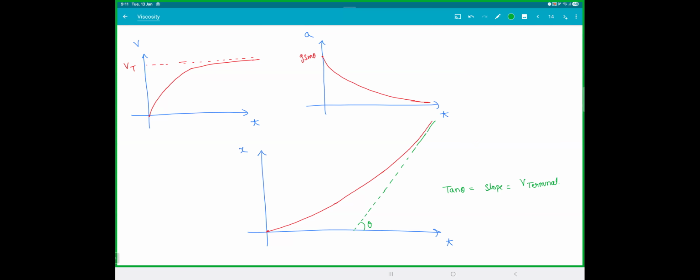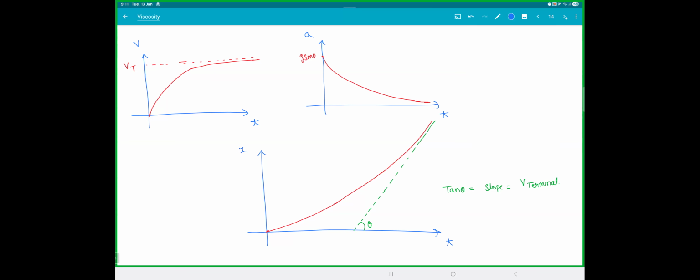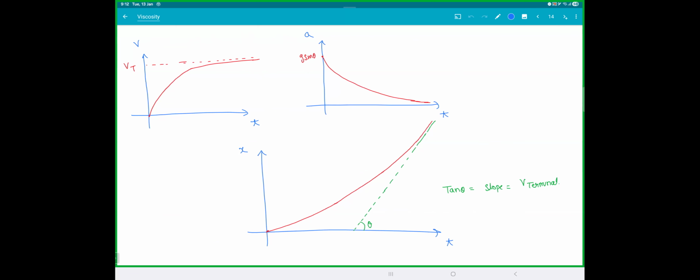Are the graphs clear, everyone? These are some pretty nice graphs, and we will see the exact same graphs later on. You will see similar equations. These are all the four main graphs. The AV graph is a straight line. The VT graph increases exponentially and becomes constant. AT is exponentially decreasing.